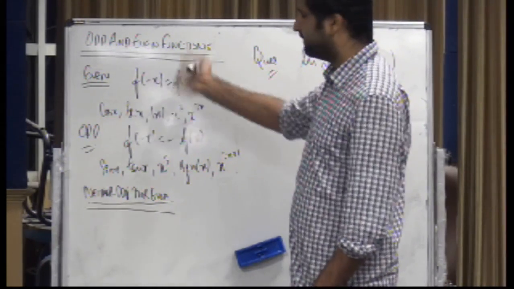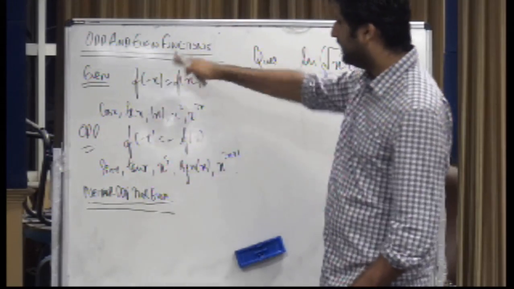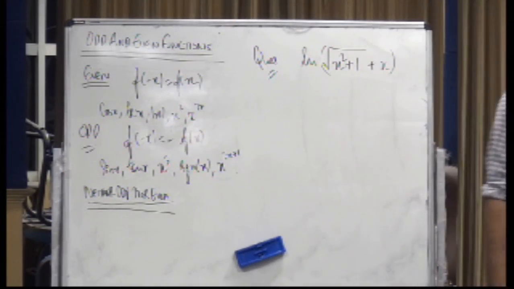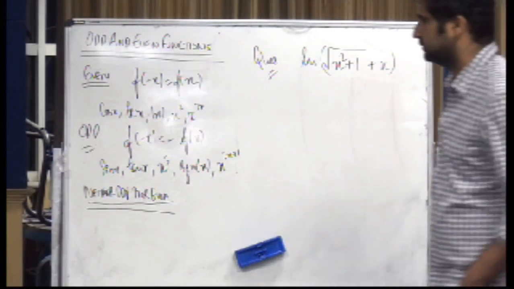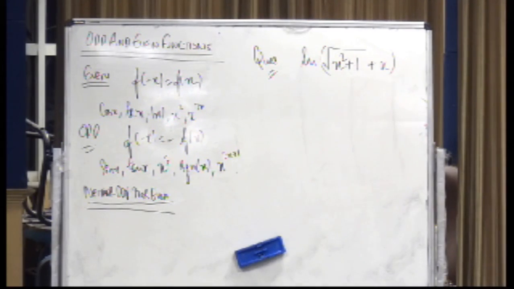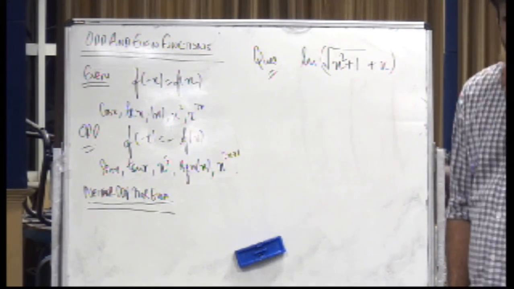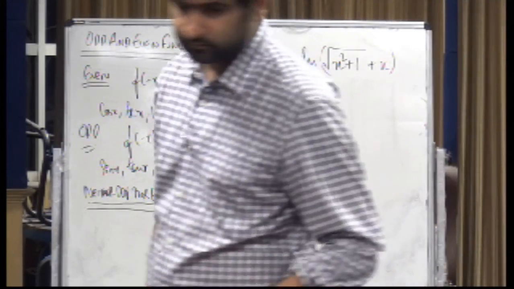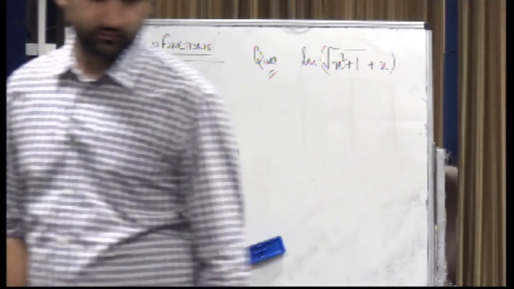If you're getting negative of that function, that will be odd. If you're getting positive of that function, it will be even.